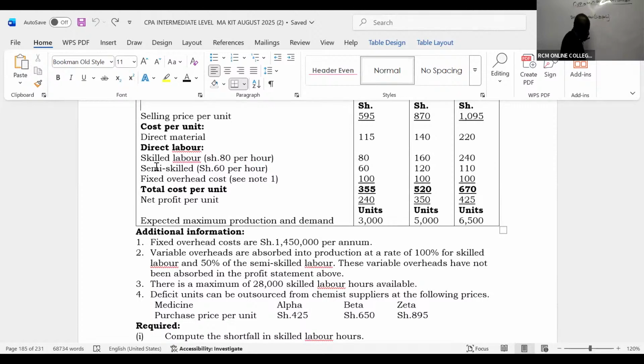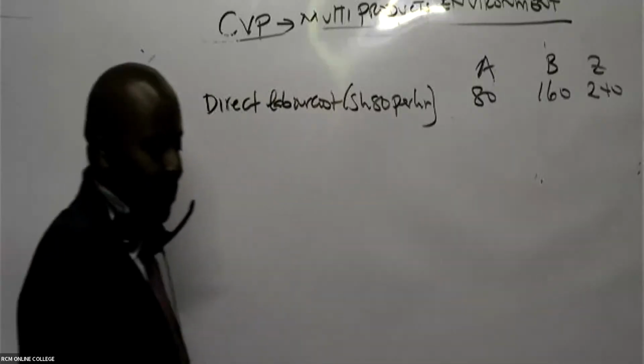And then I have my products there called A, B, and Z. And I can see comfortably, ladies and gentlemen, it is 80, 160, 240. So remember, this stands for labor cost.